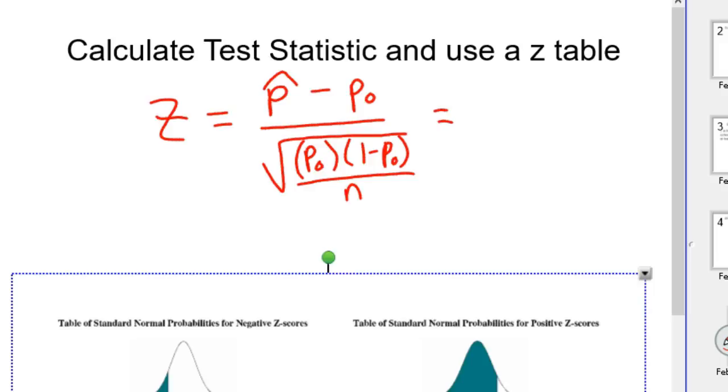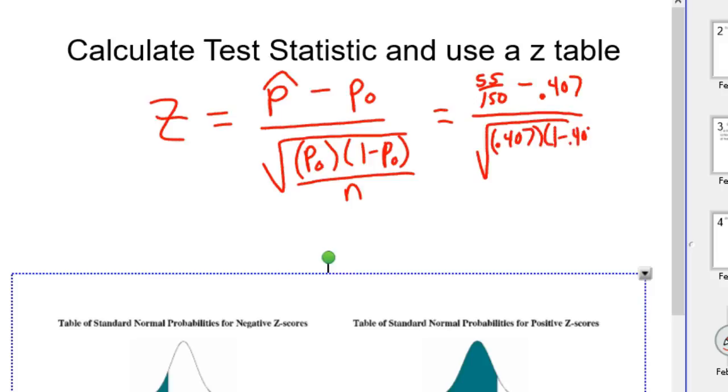So just throwing in the numbers, it would be p hat, which is 55 over 150, that decimal, minus 0.407, divided by the square root of 0.407 times 1 minus 0.407, divided by this 150 from her sample.